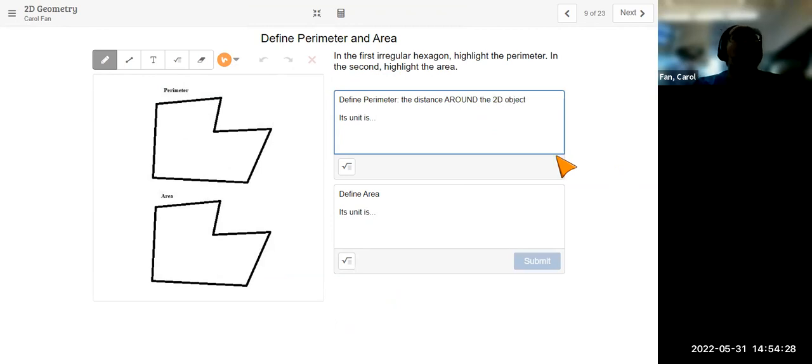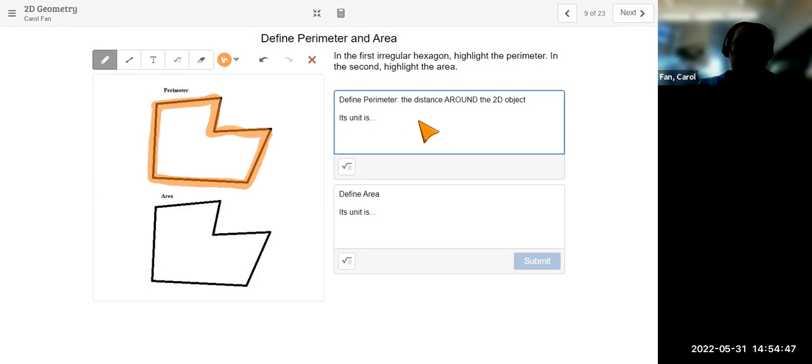Okay, so I'm going to make it a little more specific. What's the perimeter? The perimeter is the distance around the 2D object. So I'm highlighting this. If I calculate the distance around there, we've got the perimeter.